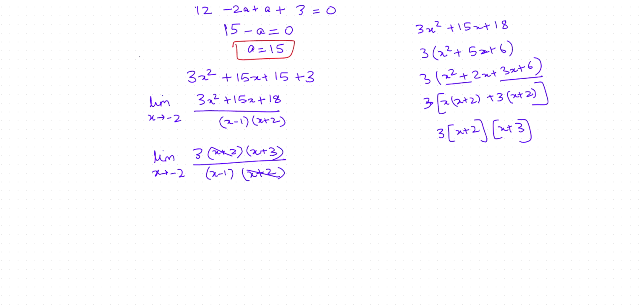So this gives negative 2 plus 3, and in the denominator negative 2 minus 1, which gives 3 times 1 divided by negative 3, and this gives negative 1.